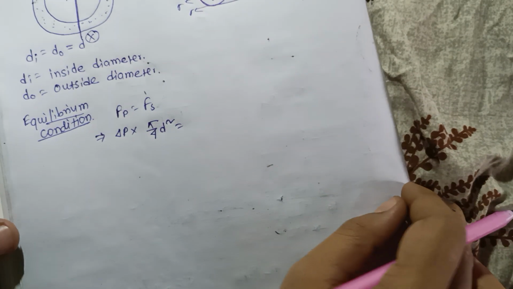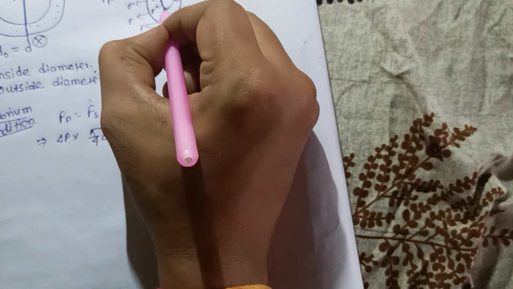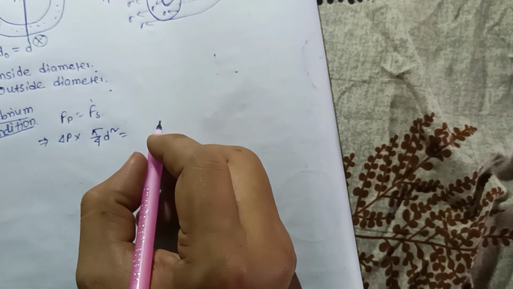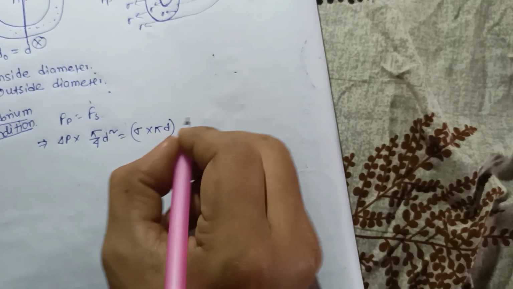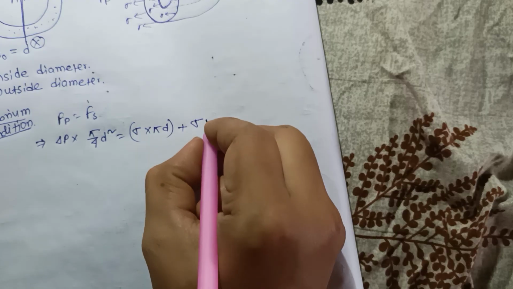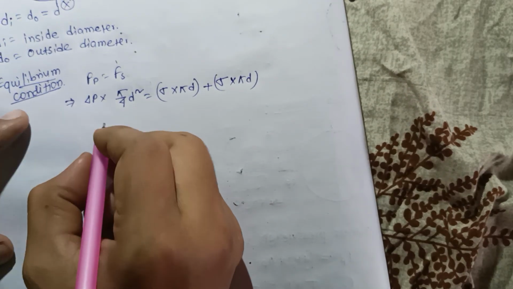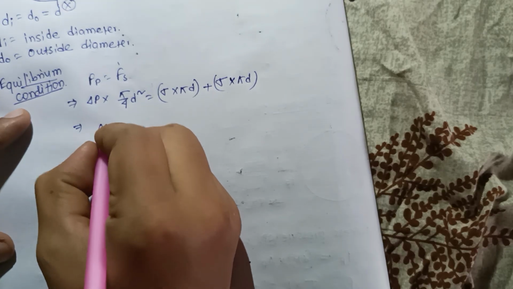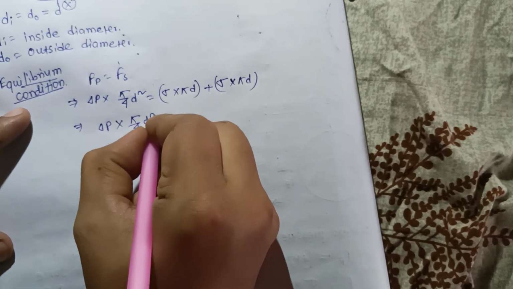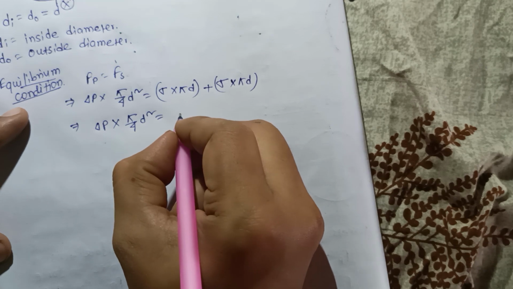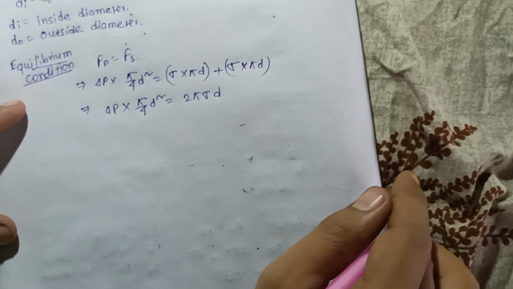Because of the two layers, from outside we have sigma into pi into d, plus for inside sigma into pi into d. So delta P into pi by 4 d square equals 2 pi sigma into d.